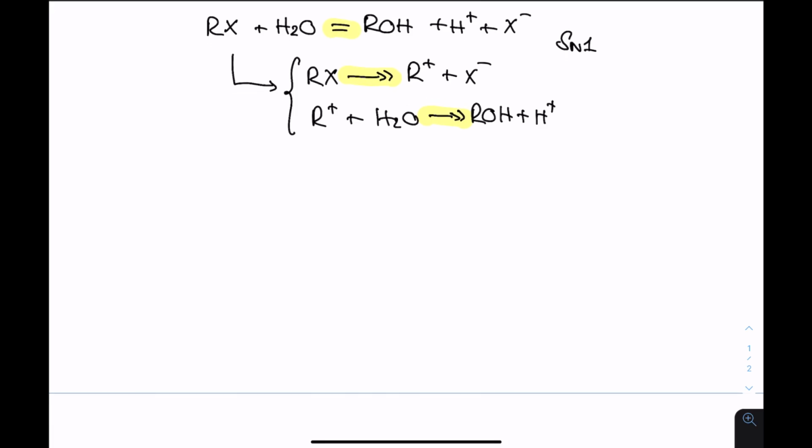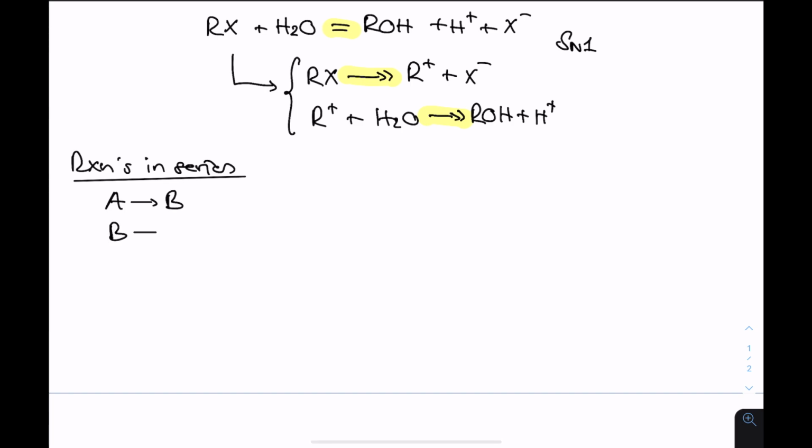So more in general, let's talk about reactions in series, or if you want to say it nicer, you can call it consecutive reaction processes. Let's say we have 2 reactions. We have A goes to B, and B goes to C with k1 and k2. Let's look at the rates.